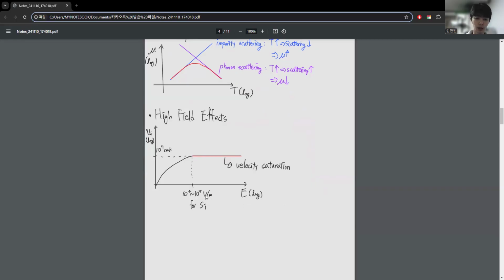Velocity does not get any higher. This phenomenon is velocity saturation.